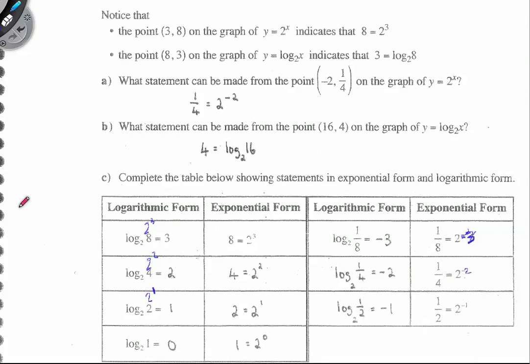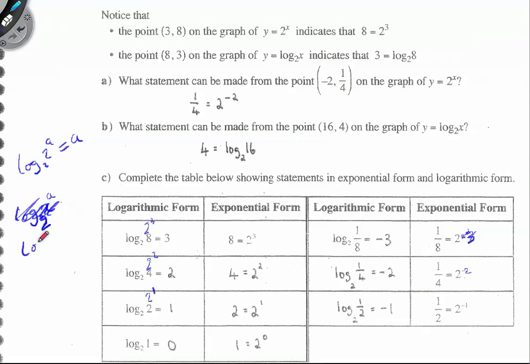So the general trend is that if we have log x with base 2, or whatever base it happens to be, and this value happens to be 2 to the a, then our answer is a.